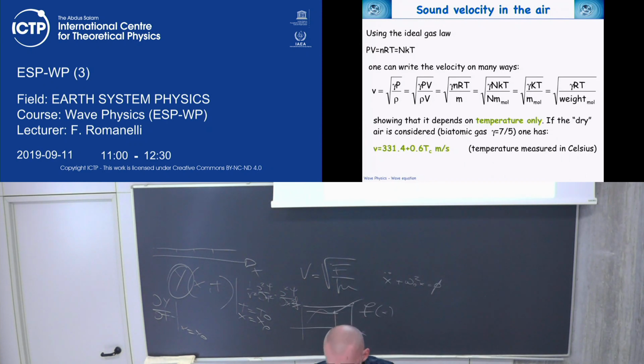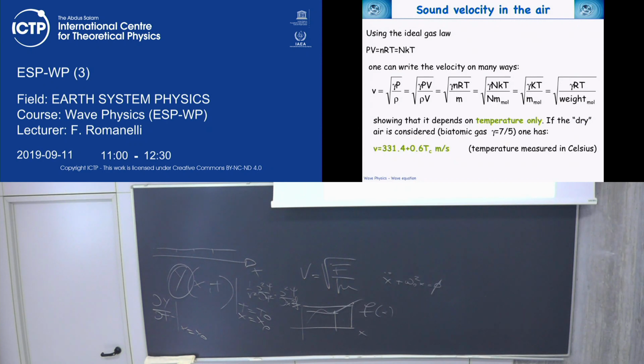And if you apply there the molecular weight of a typical Earth atmosphere composition, you will get that expression. So gamma is decided, molecular weight is decided, and that is the speed of sound. So nowadays, on a relatively nice and warm day, it's about 342 meters per second.